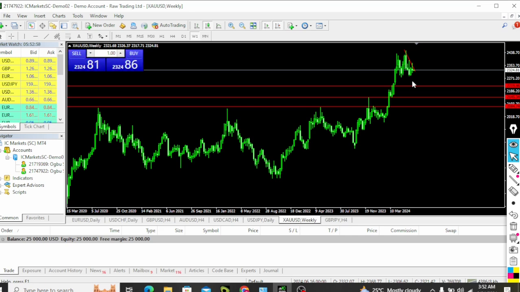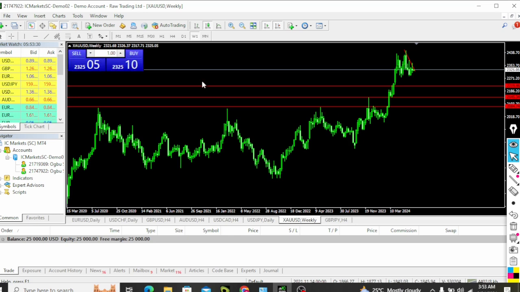When a pair has moved tremendously up and is beginning to reverse, we'll be looking at it reversing to the nearest key support or key resistance area. So that is what we are expecting at this point in time. I'm expecting that gold is going to fall considerably well. Gold might fall for up to 500 bits of profit.